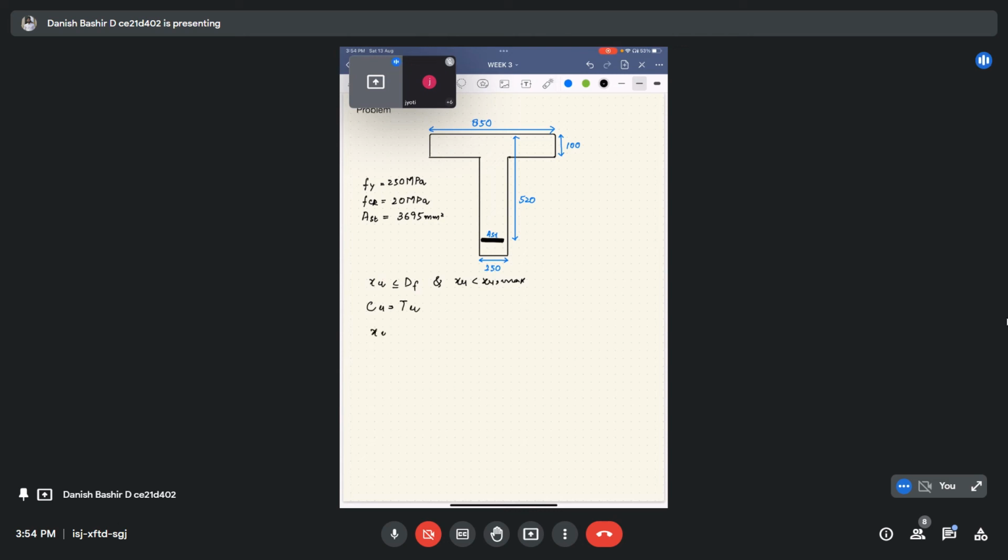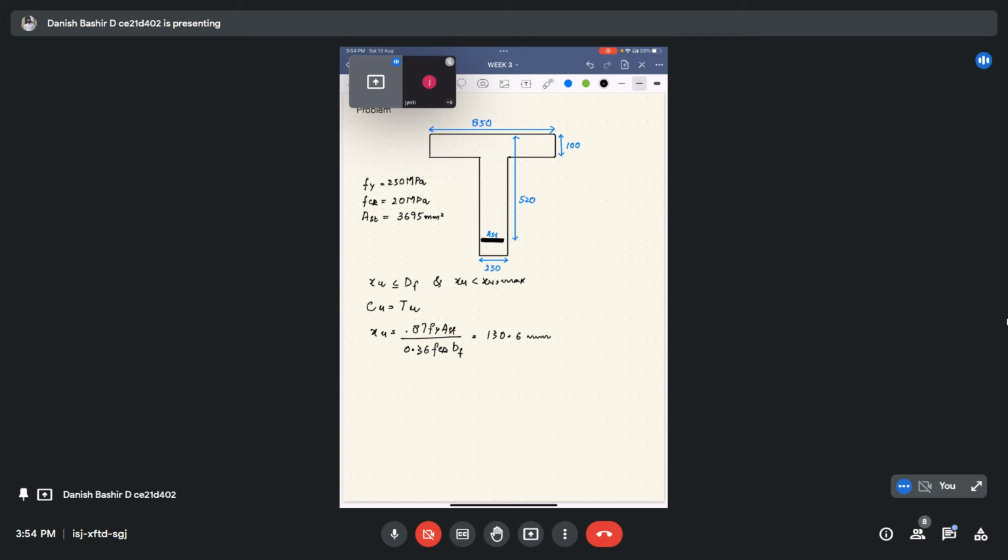XU will be equal to 0.87 Fy AST divided by 0.36 FCK B. Now here B will be the whole BF, because we are considering it as a singly reinforced rectangular section. When we plug in all the values, we get the value of XU as 130.6 mm.